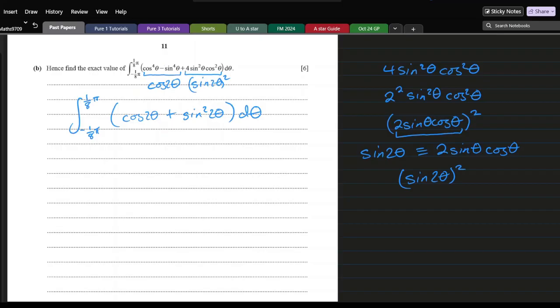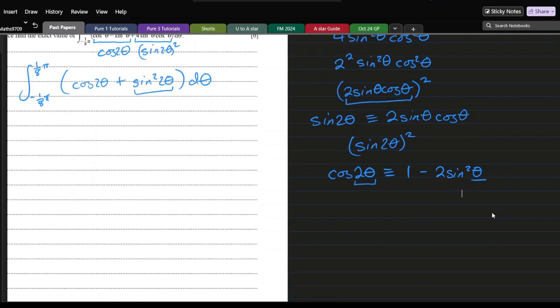Even though we have simplified the above expression, we still can't integrate this with ease. So we need to simplify this further. And to help us, we are going to use the identity or the double angle formula for cos 2 theta, where it's equal to 1 minus 2 sine squared theta. So I want you to notice how when we have 2 theta here, on the right hand side we've got half that angle, so we've got theta.